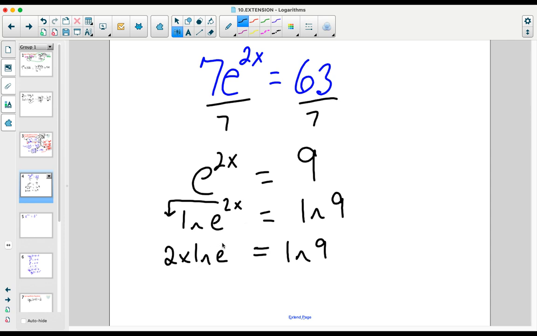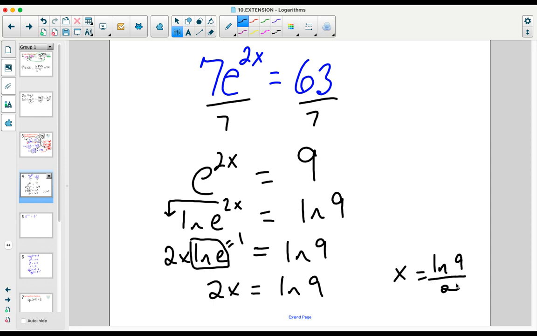Right here is where it gets especially interesting, because this just has a value of 1. What's the power of e that gives you e? Well, that's just 1. Multiplying that by the 2x, we're left here. Dividing both sides by 2, we get that x is equal to the natural log of 9 over 2.